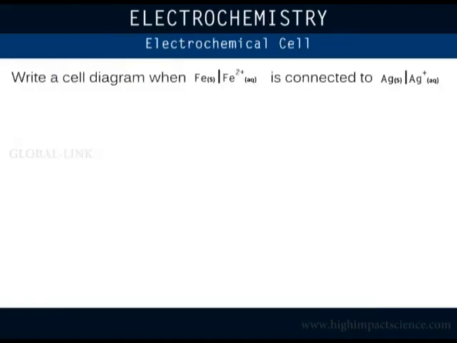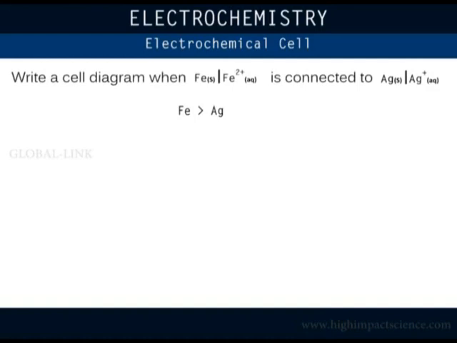For example, write a cell diagram when an iron-iron 2 half cell is connected to a silver-silver ions half cell. The idea is to identify which between iron and silver is more reactive. Iron is more reactive than silver, so iron will undergo oxidation and silver reduction.